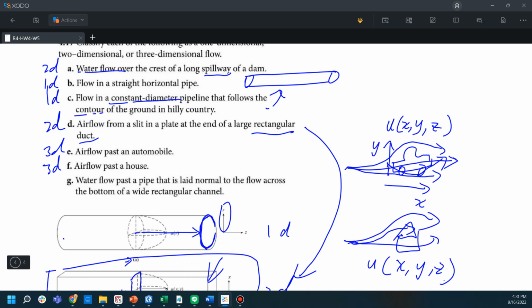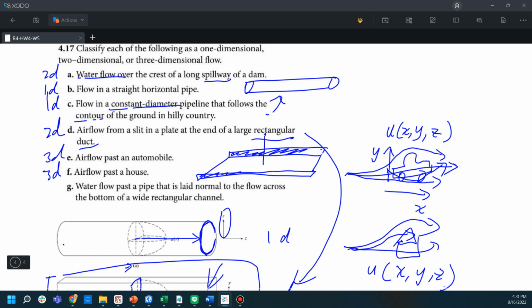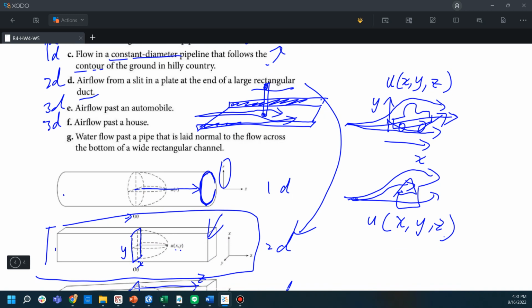So we have a wide rectangular channel here, and we have a pipeline normal to this channel, and we want to classify the flow past this pipe. Essentially, we assume that the cross section of this rectangular channel is constant.